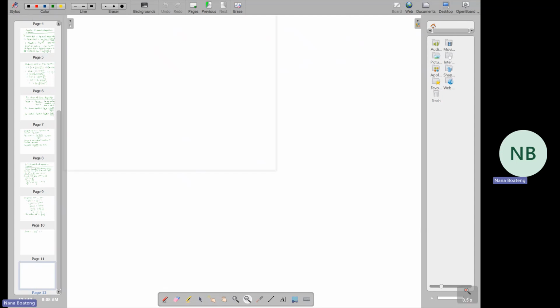So this is example 1c: 625 to the power x is equal to 1 divided by the square root of 5. So 625 is 5 to the power 4, so 5 to the power 4x is equal to 1 divided by the square root of 5, which is 5 to the power 1 half.